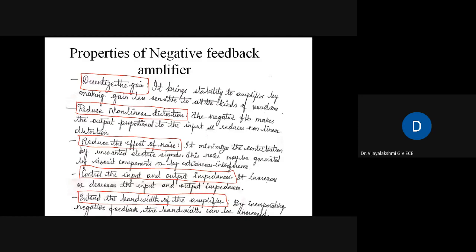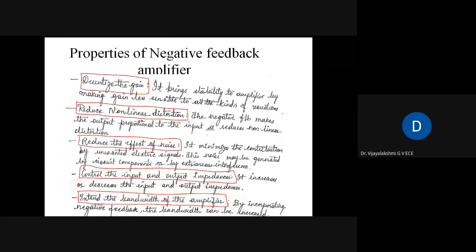Whenever you design a circuit, there are many external parameters that may affect its performance. When these act on the circuit, the performance of the circuit can come down, the gain of the circuit can come down.